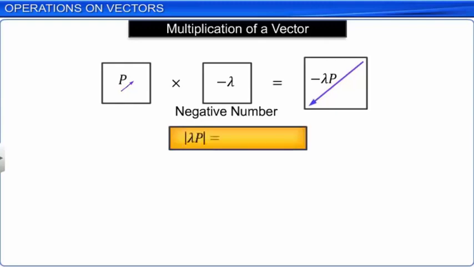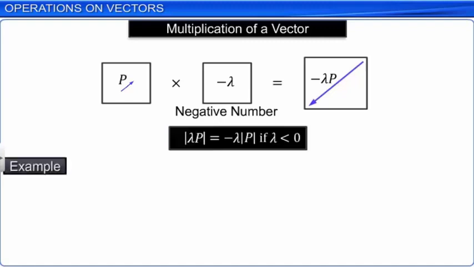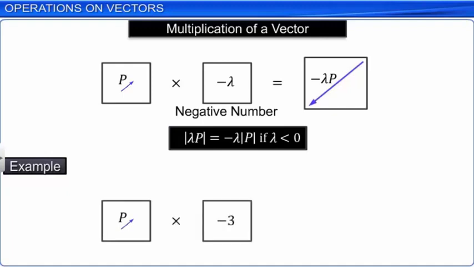For example, when you multiply p with minus 3, you will get vector minus 3p, whose magnitude is 3 times mod p and direction opposite to the direction of p.